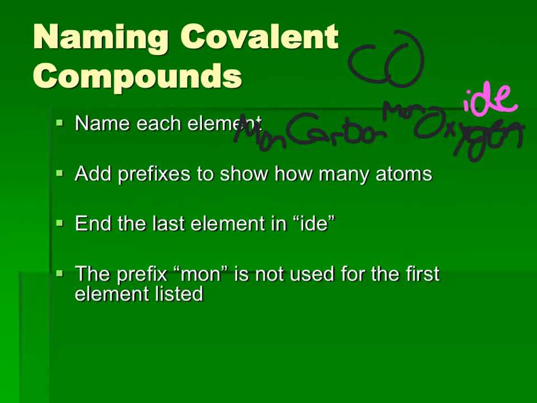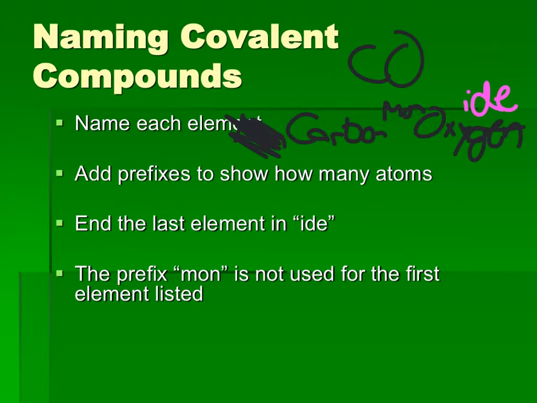And then step number 4 is the one that tends to confuse students. This is why I use this example, because you guys haven't heard of monocarbon monoxide. What you have heard of, though, is carbon monoxide. So what this 4th step means is if the first word contains mon, you just simply get rid of the mon.